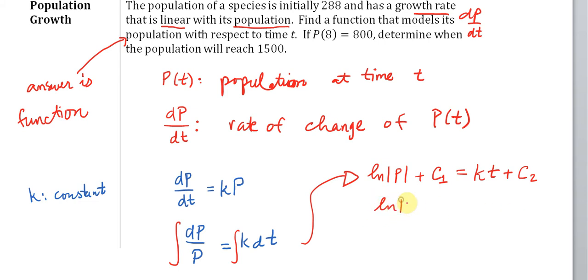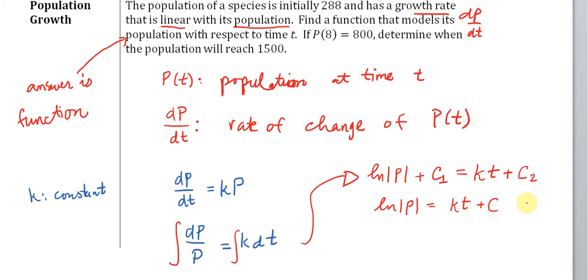I'm going to merge those two constants together into a big constant. So the natural log of the absolute value of P is going to be equal to kt plus c, where c is c2 minus c1, whatever that is, some other constant. We'll deal with that later.